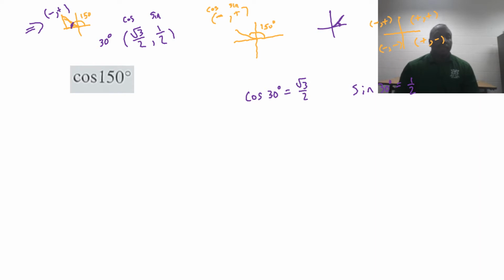So for 150 degrees, because it has the same reference angle, we're going to put the same numbers, radical 3 over 2 and 1/2, but because it's in the second quadrant, we're going to make the first number negative and we're going to keep the second one positive. So what does that tell us? Well, it tells us that the cosine of 150 degrees, our first value, is negative radical 3 over 2.